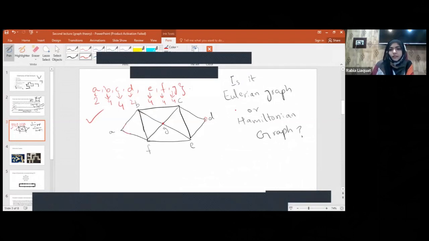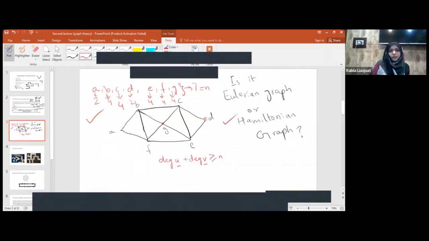So now we will check, is it a Hamiltonian graph? For example, we have 7 vertices, means n is equal to 7. What was the condition? Degree of u plus degree of v is greater than or equal to n, where u and v are non-adjacent vertices.